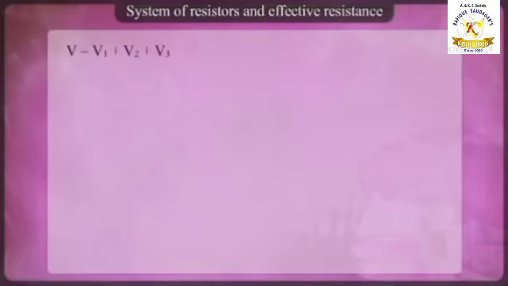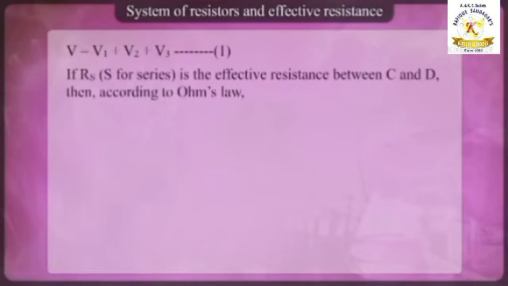V is equal to V1 plus V2 plus V3. Equation 1. If Rs, that is S for series, is the effective resistance between C and D, then according to Ohm's law, V is equal to I Rs, where S stands for resistance in series. So V1 is equal to I R1, V2 is equal to I R2 and V3 is equal to I R3.